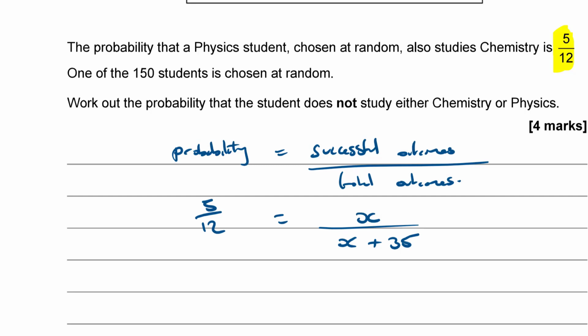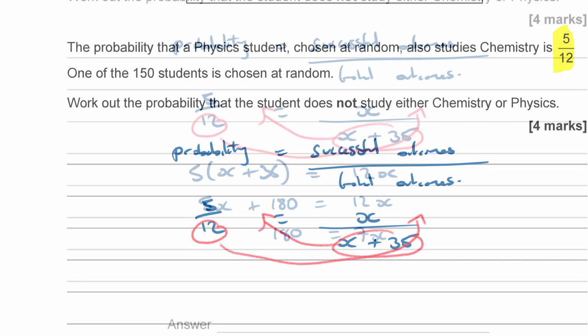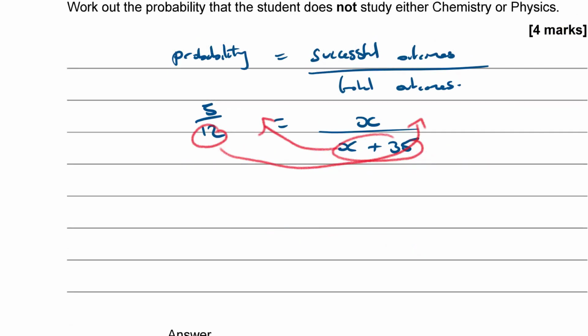Okay, I'm going to cross multiply this. So I'm going to move that up there, and I'm going to take the 12 and move it up there. So that gives me 5 lots of x plus 35 is equal to 12x. Multiplying out the brackets, 5x plus 5 lots of 35.